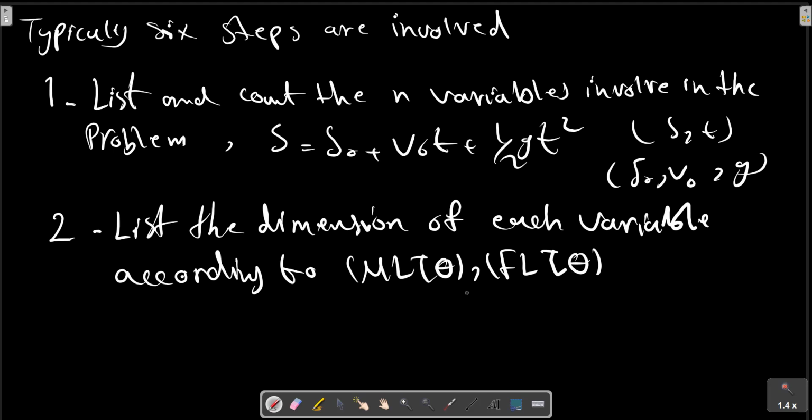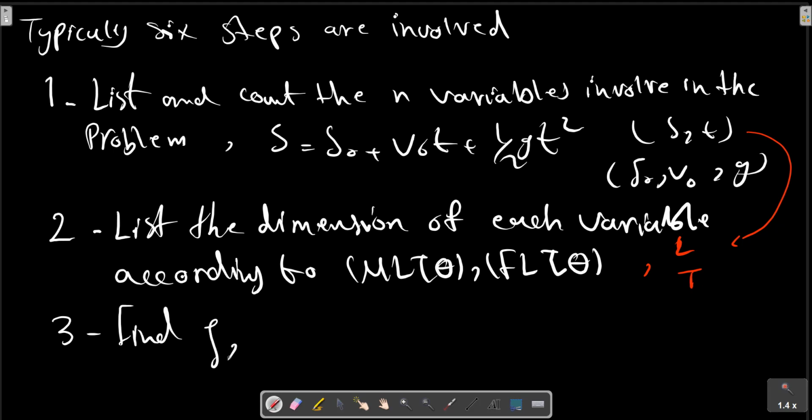A list is given in the appropriate table in chapter 5. For example, for S we have L, and for T in this equation we have T, the dimension of our variable.